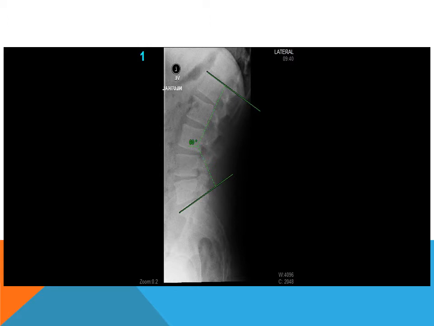I've measured the lumbar lordosis from the superior end plate of L1 to the superior end plate of S1, and the software that accompanies your digital images contains measuring tools that allow you to do this in 1 second, and it provides the angle for you. And in this case, the lumbar lordosis is normal at 60 degrees. So imagine this: we have a lumbar lordosis angle of 60 degrees.